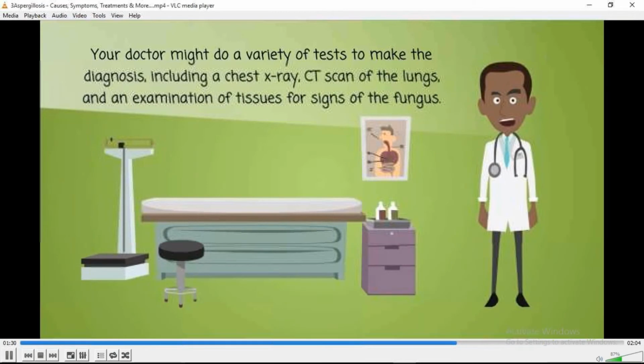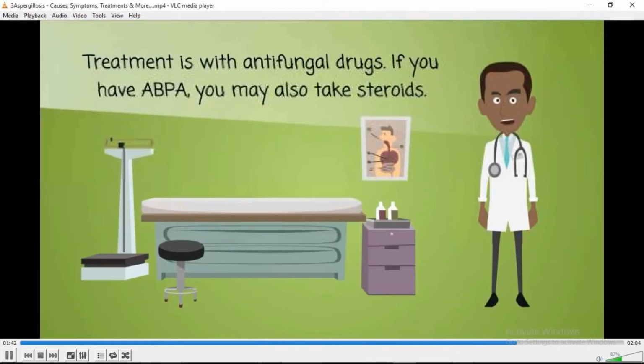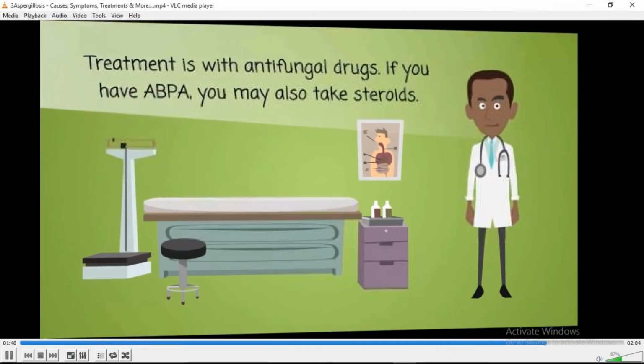Your doctor might do a variety of tests to make the diagnosis, including a chest X-ray, CT scan of the lungs, and an examination of tissues for signs of the fungus. Treatment is with antifungal drugs. If you have a burn, you may also take steroids.